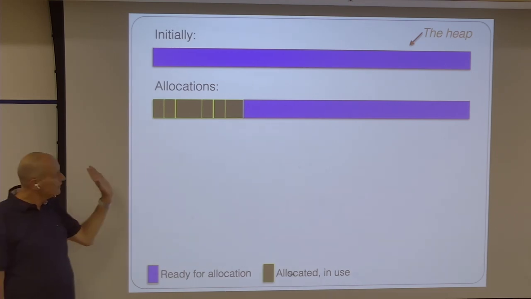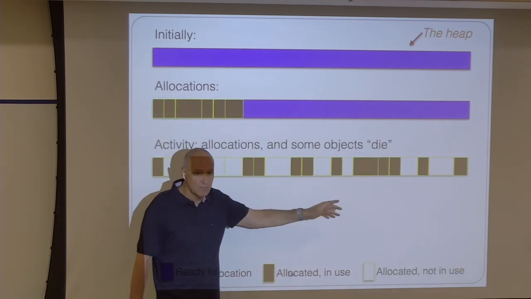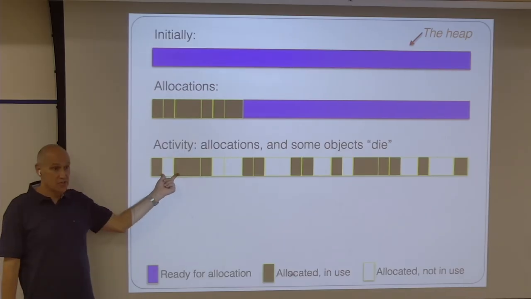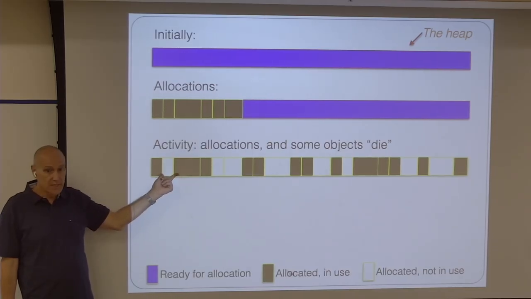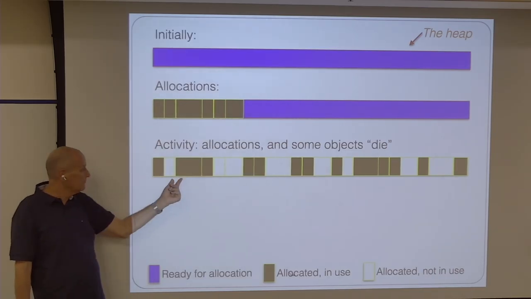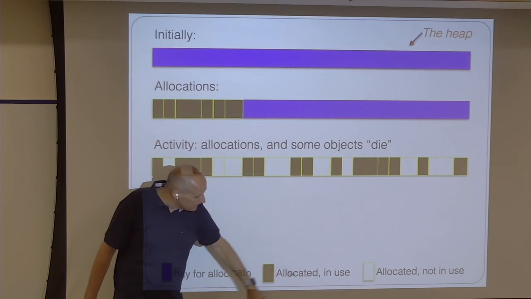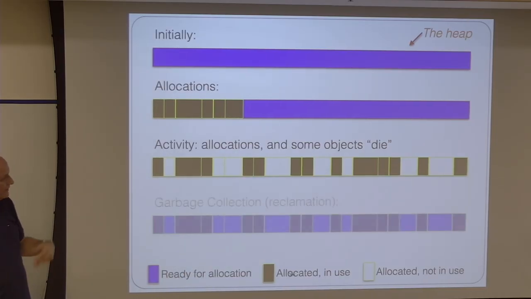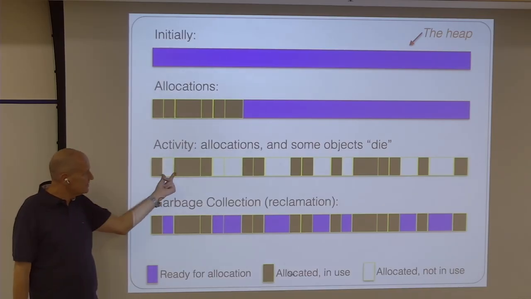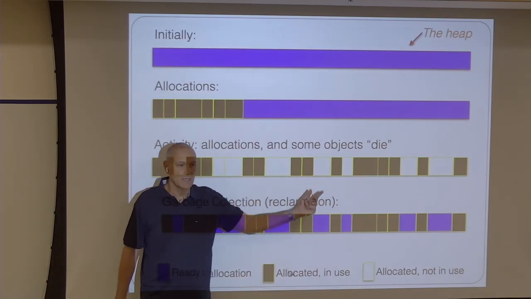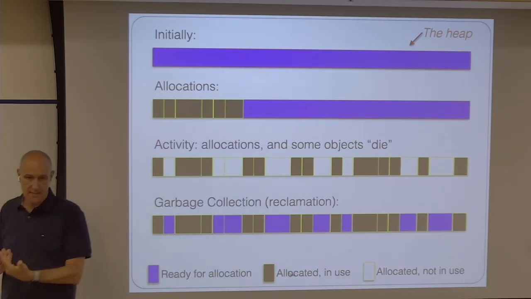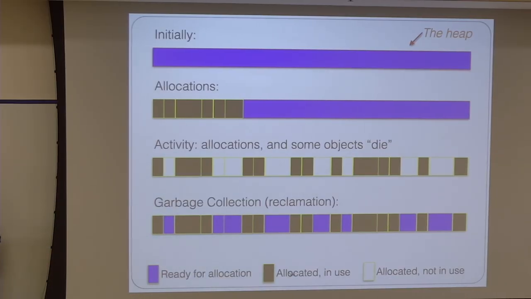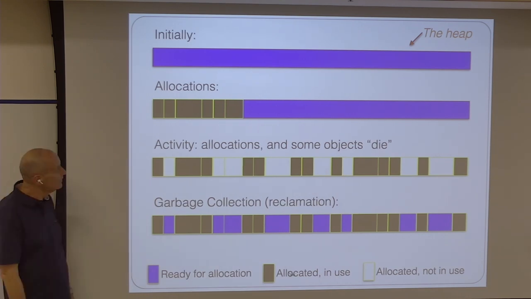And then after a while, it allocates a lot, but it also changes pointers, and some objects become unreachable. So everything now is allocated, but some of them are unreachable. White will be allocated but not in use, unreachable. And then the garbage collection comes and it takes all these unreachable spaces and makes them blue. It says to the allocator, these can be used for allocations. These become unallocated.